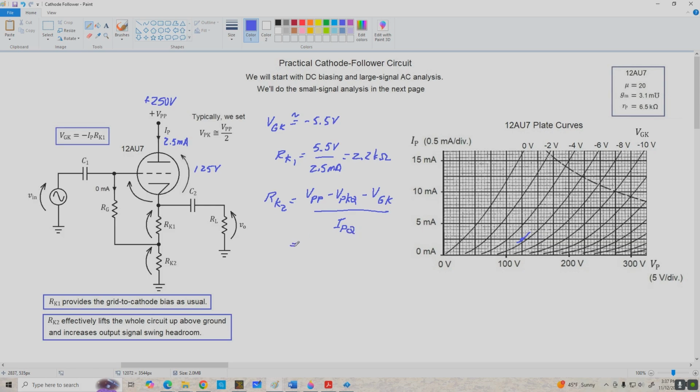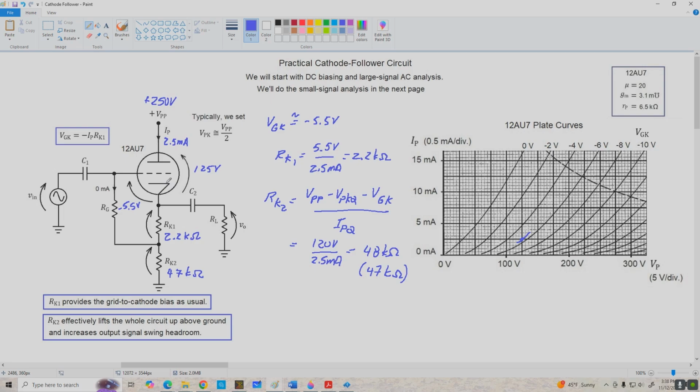Working through this, that's about 120 volts divided by 2.5 milliamps, and that's 48 k ohms, which is pretty close to the standard value. We'll use 47 k ohms, and there we are. So RK1 is 2.2 k ohms and RK2 is 47 k ohms, and that should give us about -5.5 volts for VGK, 125 volts for VPK.